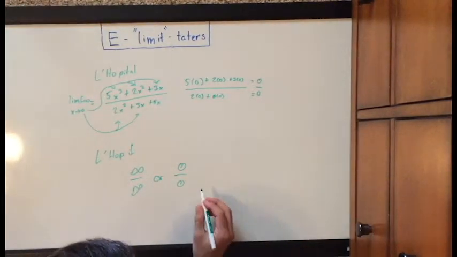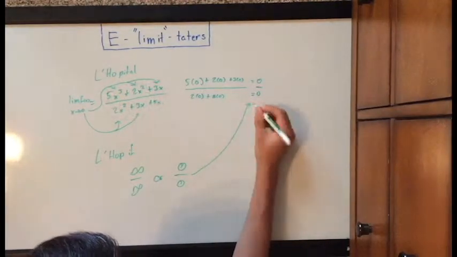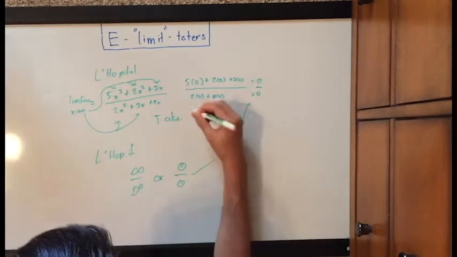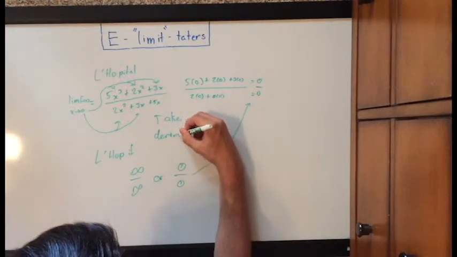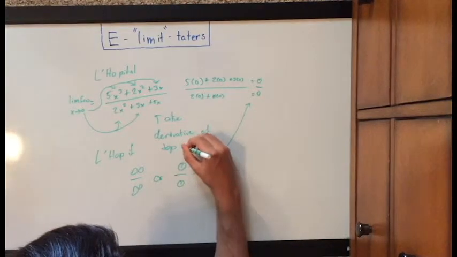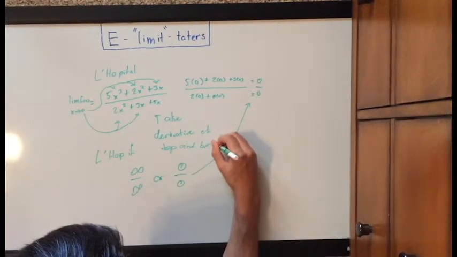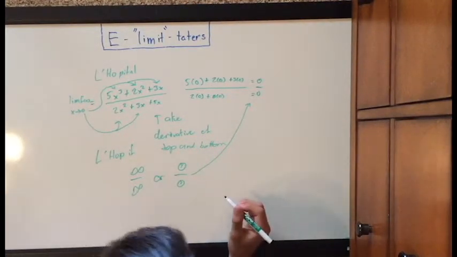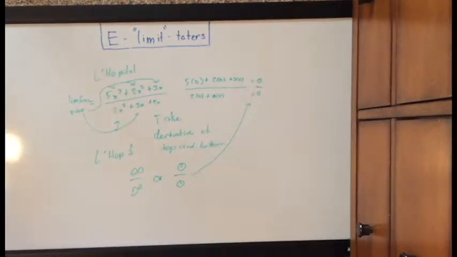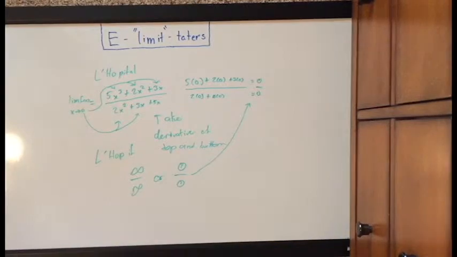Now, when you plug these in, the top and the bottom, it equals 0 over 0. And with L'Hopital's rule, if your function equals infinity over infinity, or 0 over 0, you take the derivative of the top and bottom separately, and you try to plug in the limit again.